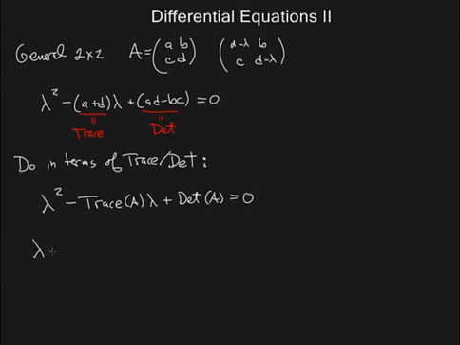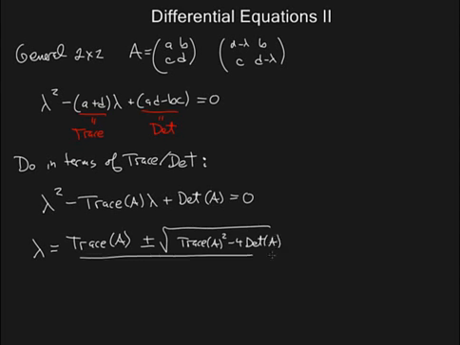And let's just solve for lambda in these terms. It's negative b plus or minus the square root of the trace squared minus 4 times the determinant, and all of that over 2. Well, that's interesting. So one of the key things is whether you're going to have real or complex eigenvalues, and that's going to depend whether this thing is positive or negative.